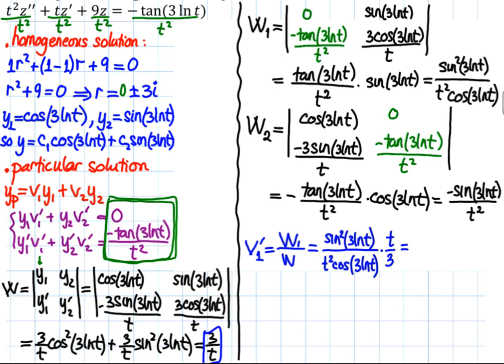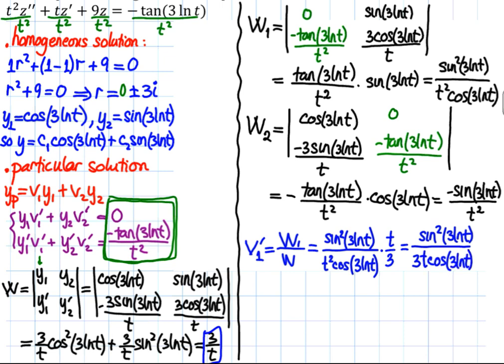So we will have sine squared of 3 ln t on the top, and the bottom is 3t cosine of 3 ln t.